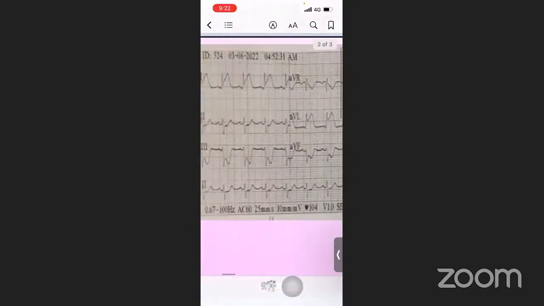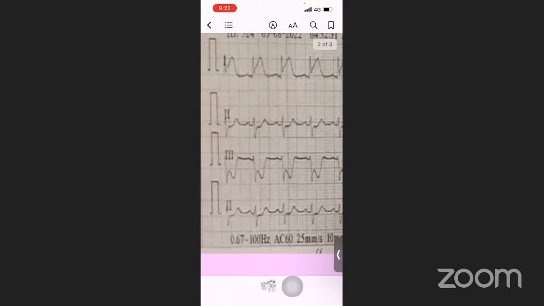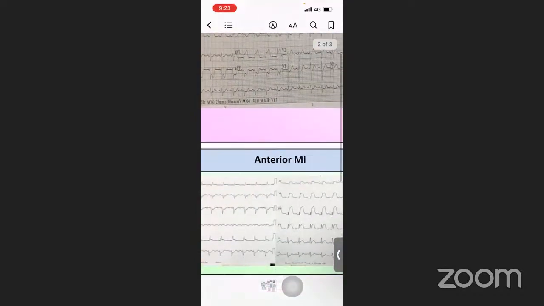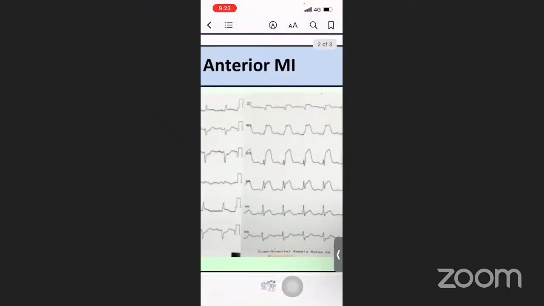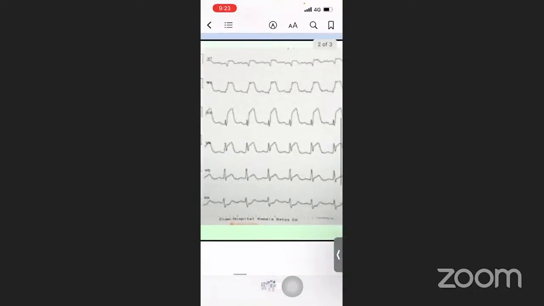But lead 3 shows very marked ST depression. Okay, anterior MI, this is V3, V4, ST elevation.